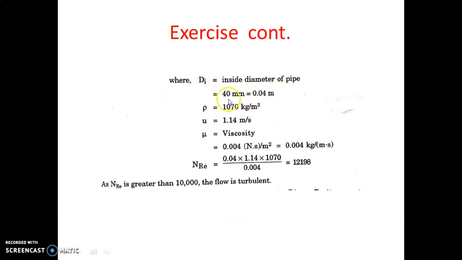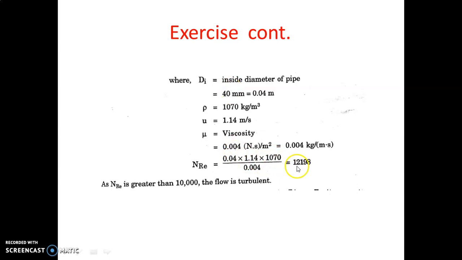So here we have all these values: di, rho, u, and viscosity. Viscosity is in the same unit, so it is not necessary to convert these units, or you can write directly this is equal to 0.04 kg per meter second. So all these units are equal, and viscosity here is not necessary to convert.